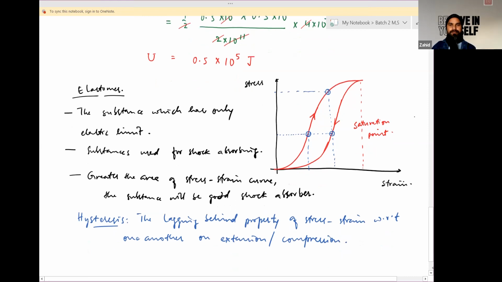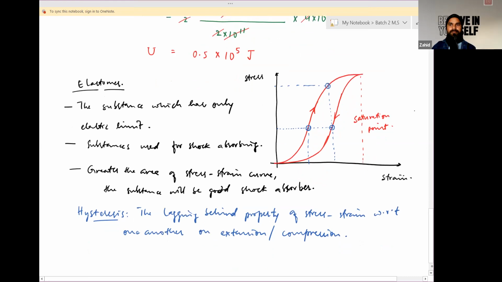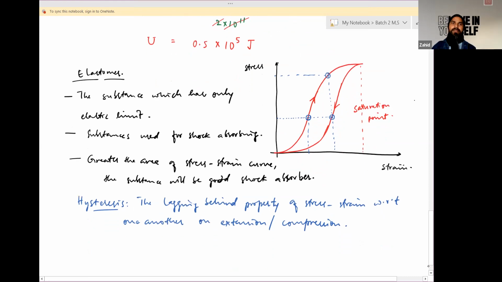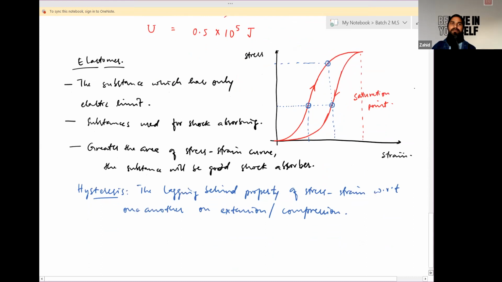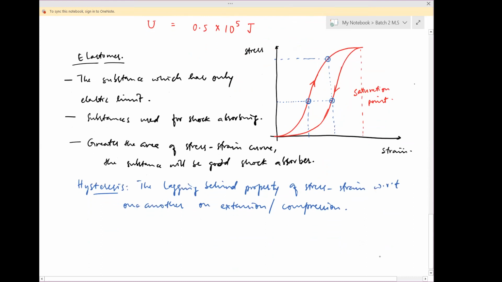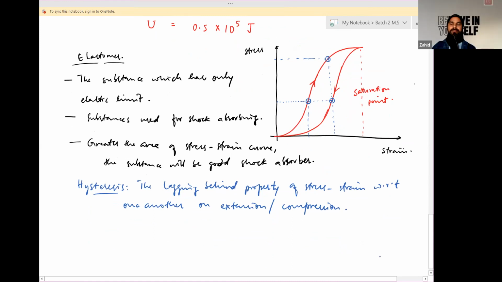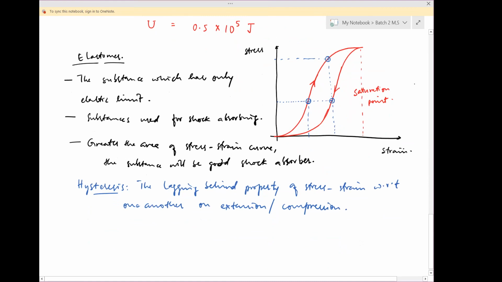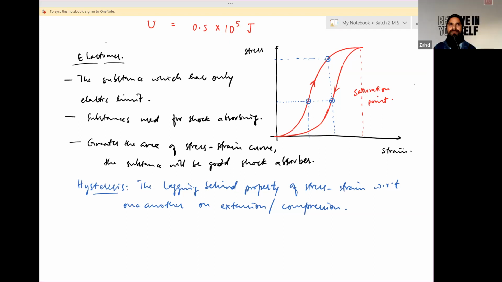Is it clear? Asma, any doubt? Samaira? No, sir. Savio? Yes, sir. Okay. Just write it down. Done, sir.